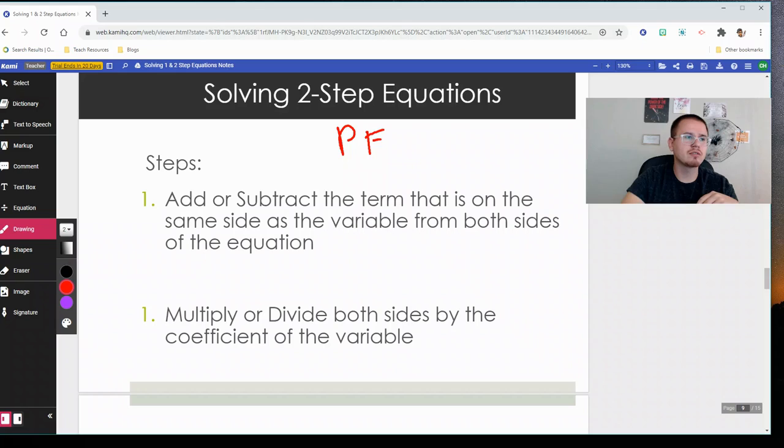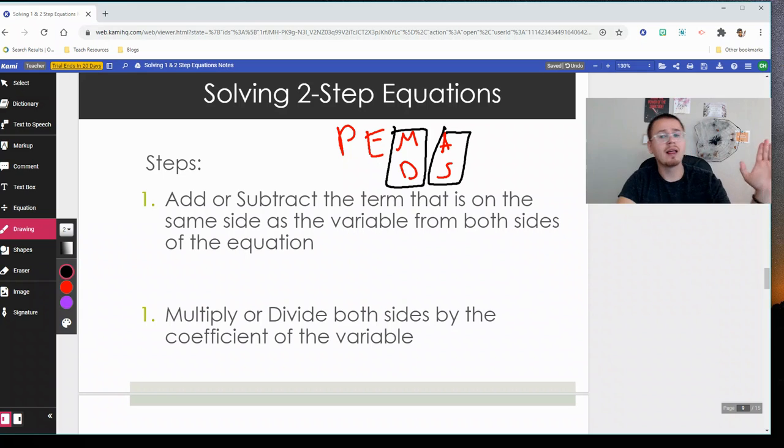My version goes like this, because I know that multiplication and division happen on the same level, and addition and subtraction happen on the same level, as long as I'm going left to right, like I'm reading an English book, not like manga.